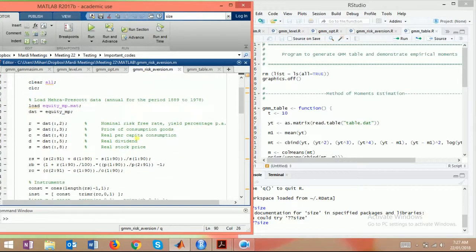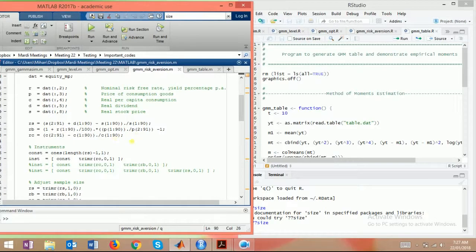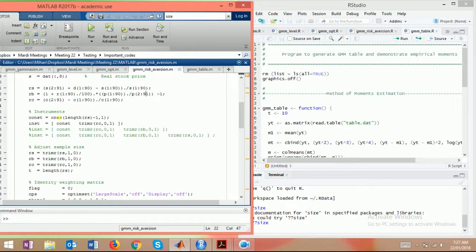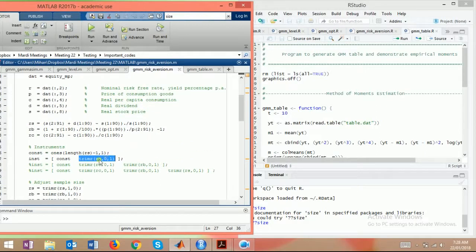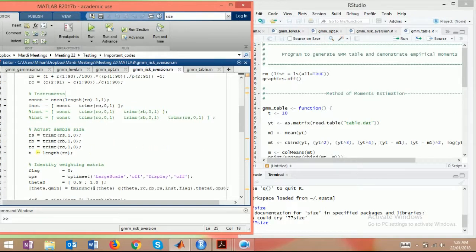Identity and optimal, with that you run it for risk aversion. This is all just adjustments, housekeeping, analyzing instruments. The instrumental variable is analyzed with a constant, and RC is the consumption. So the constant and the consumption stream. The constant is ones, length of RS minus 1. So this is ones, and this version, that's all.